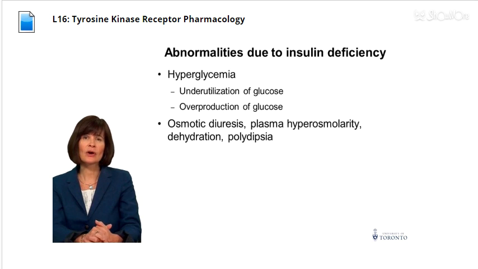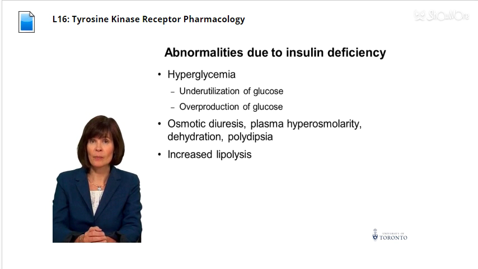Polydipsia, resulting in constant thirst. As the body attempts to excrete excess glucose in the urine, resulting in excess urine production known as polyuria. The patient experiences excessive weight loss, muscle and tissue wasting from the inability to utilize energy from glucose.